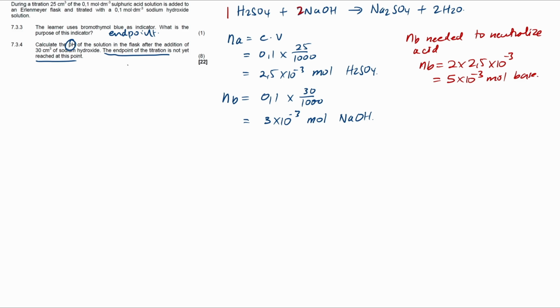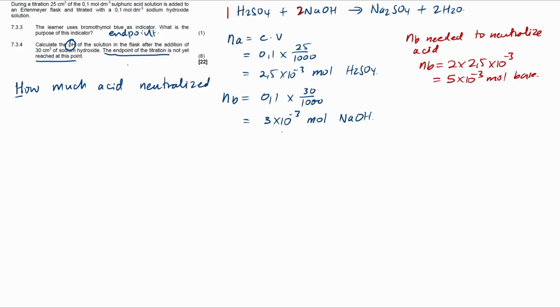Now bear in mind, we only have 3 × 10⁻³. We have less base than we actually need. So that means the acid is in excess. Now we can calculate how much acid is going to be left. So the next point here is how much acid was neutralized.